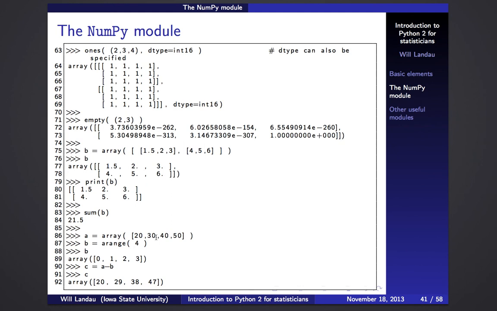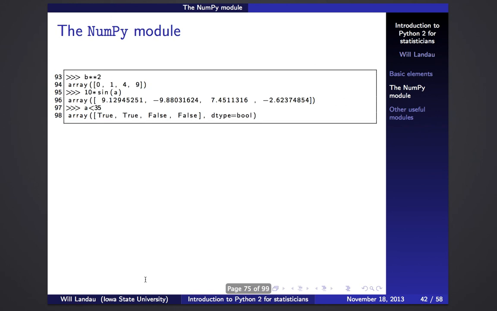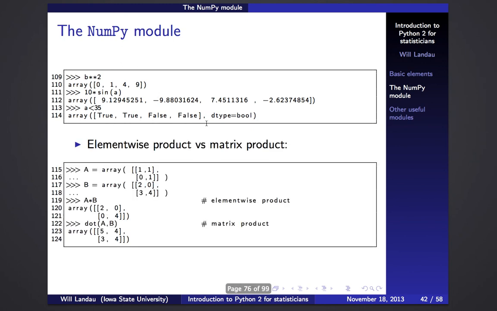So if I have an array of things A, and I have an array B, I take A minus B, it just takes the element-wise difference. I can also exponentiate things and take trigonometric functions of things element-wise. You can have arrays of logical types, arrays of booleans.